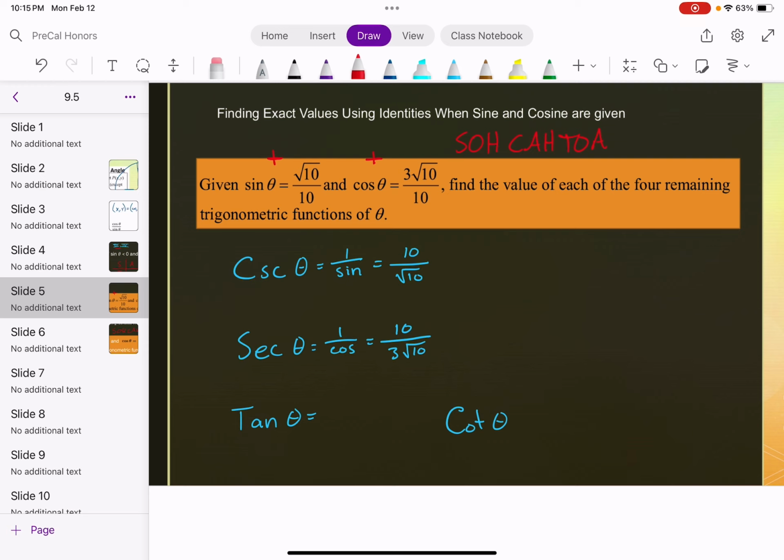Now, in order to find a location where all are positive between our sine and cosine, the only possibility would be within the first quadrant underneath the A.